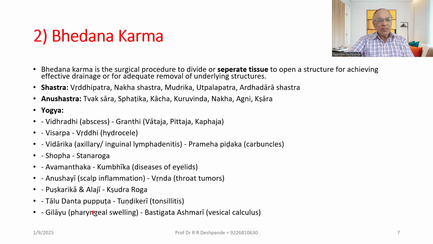Then Talu Danta Pupputa, that is Tundikeri, meaning tonsillitis. Tundikeri is a Sanskrit word. The English meaning is tonsillitis. Gilayu, that is pharyngeal swelling. Bastigat Ashmari, that is vesical calculus. In all these conditions, the Ayurvedic surgeon does the right Bhedana Karma amongst the Ashtavidha Karma. Okay, let us move further.